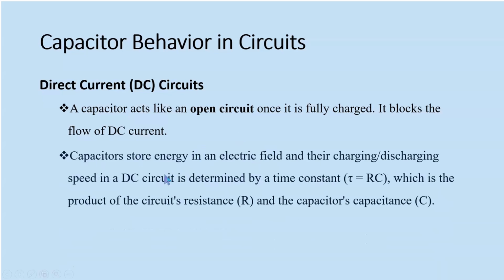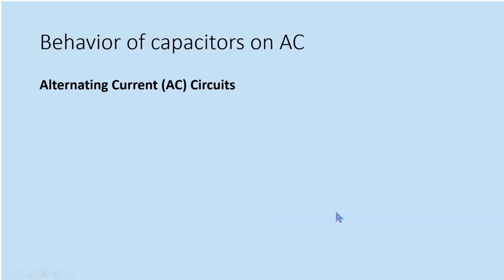Capacitors store energy in an electric field, and their charging and discharging speed in DC is determined by the time constant RC, which is the product of the circuit's resistance and the capacitor's capacitance.